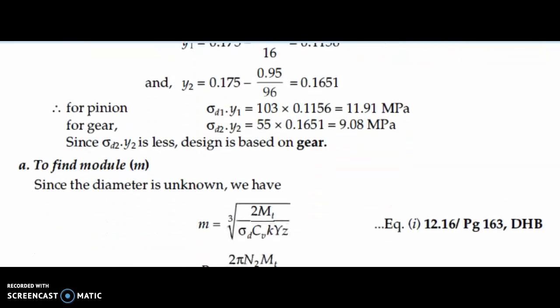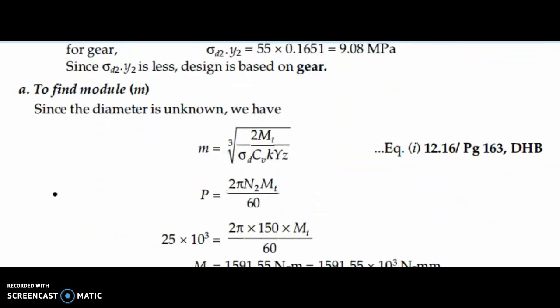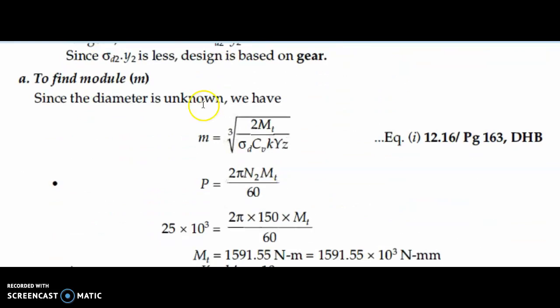Next we can find all the values for the gear. First of all, we have to find the value of module using an equation from the data book, equation number 12.16 on page number 163. For this equation we need Mt, sigma d, Cv, K, y and z.